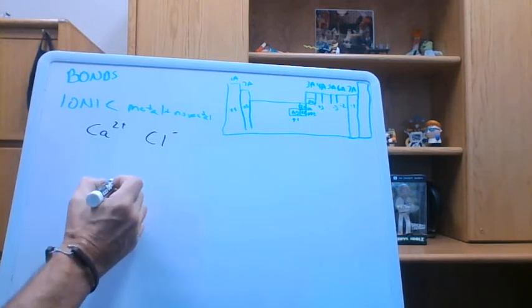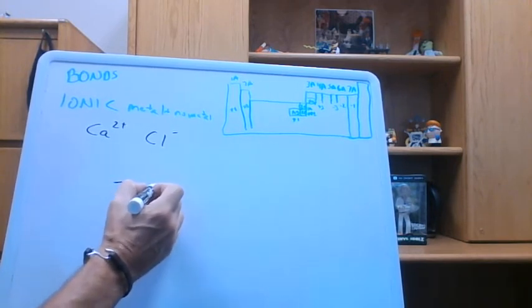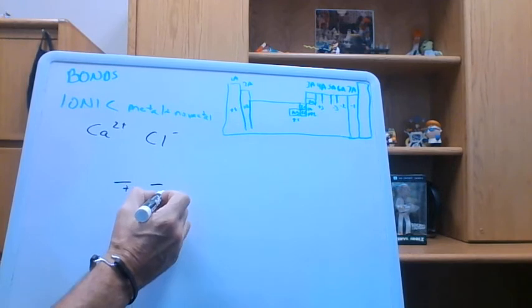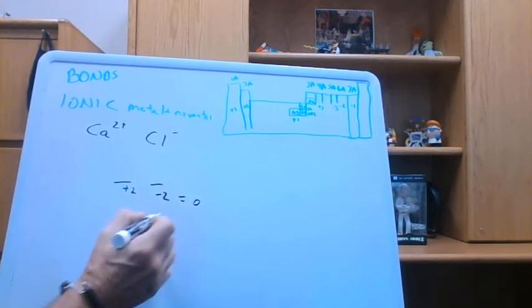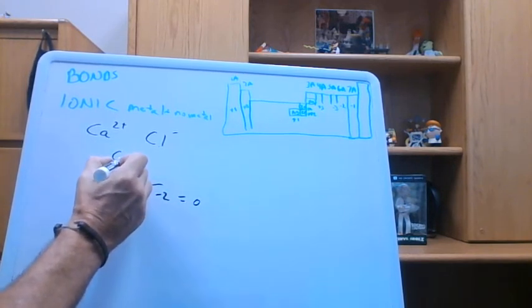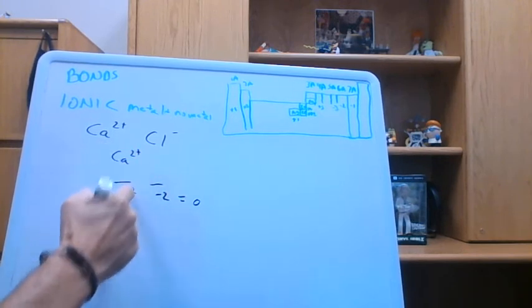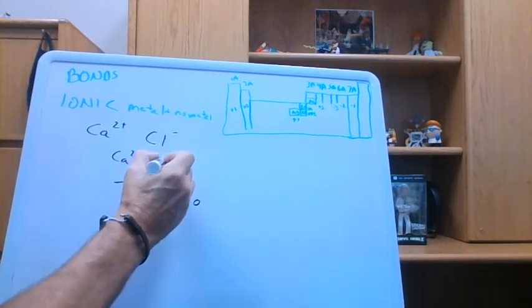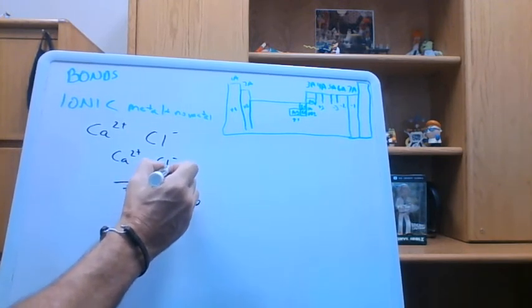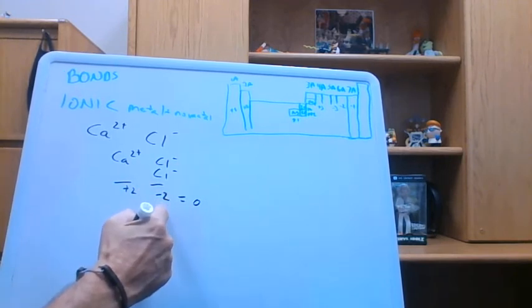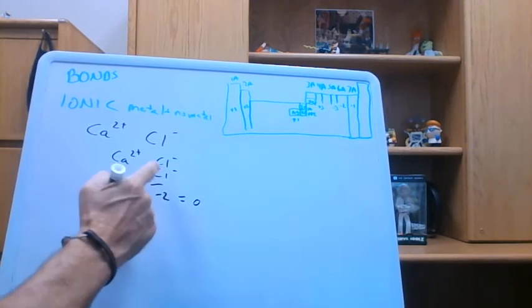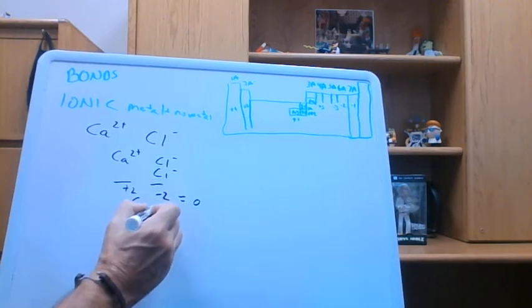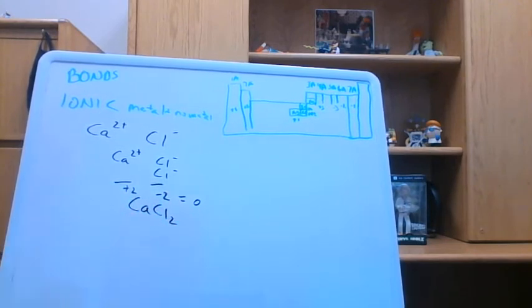So what we need is a +2 in the end and a -2. And those will equal 0 when they come together. So if we have 1 calcium cation, it already has a +2. If we have 1 chlorine, it has a -1, so we need 2 -1s to get to -2. So this tells us we need 1 calcium and 2 chlorine to go together, and it gives us that same formula of calcium chloride.